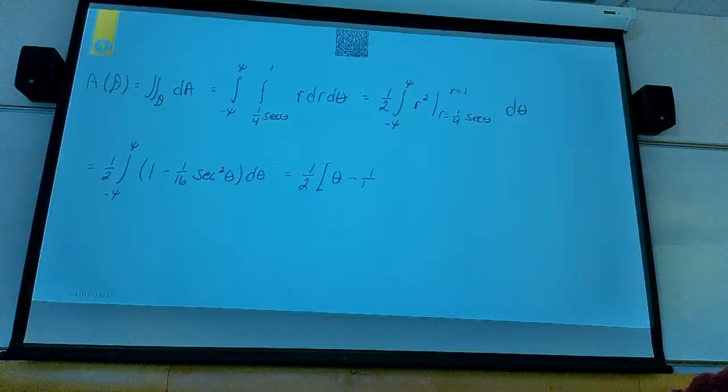What is the antiderivative of secant squared? And so theta from negative psi to positive psi is just 2 times psi.